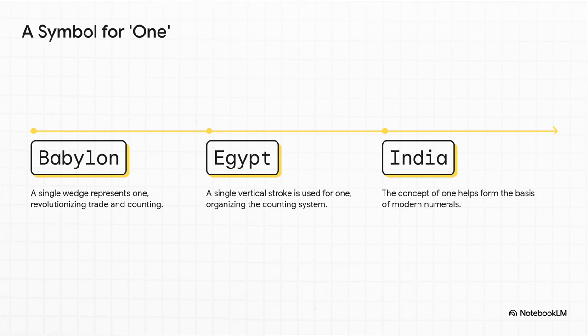Ancient civilizations, totally separated by huge distances and time, all arrived at the same critical idea. We have to create a symbol for one. Whether it was a little wedge in Babylon or a simple vertical line in Egypt, that simple mark was revolutionary. It made complex counting possible, it transformed trade, it let us keep records. I mean, it basically laid the groundwork for civilization itself.